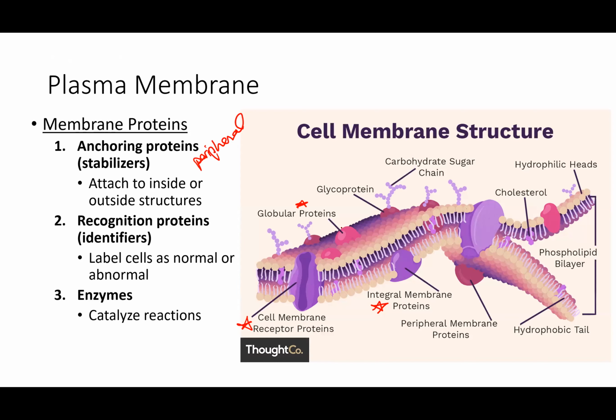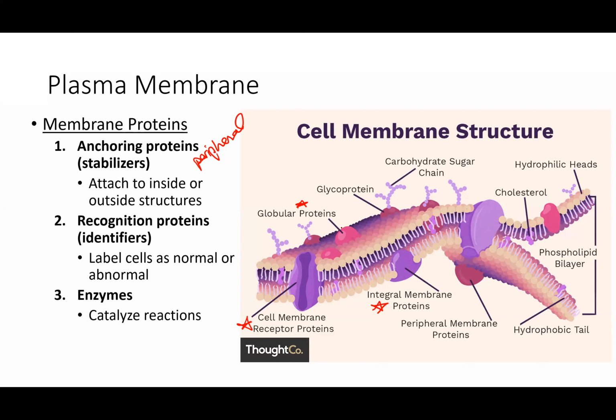And so these proteins would be created inside the cell through protein synthesis and then transported through vesicles to the plasma membrane itself, where they are embedded in the plasma membrane and basically tell the other cells in the body if it's a normal cell or an abnormal cell.